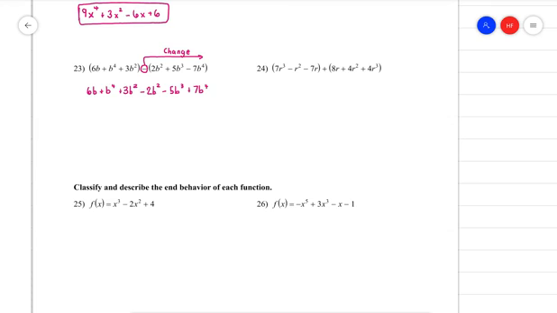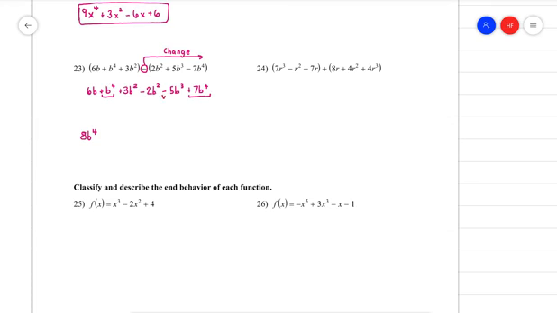So we change the signs on the second set of parentheses, but not in the first. And then we will combine like terms, taking my highest degree first, which looks like it's this b to the 4th power. 1b to the 4th plus 7b's to the 4th leaves me with 8 of them. So 8b to the 4th.